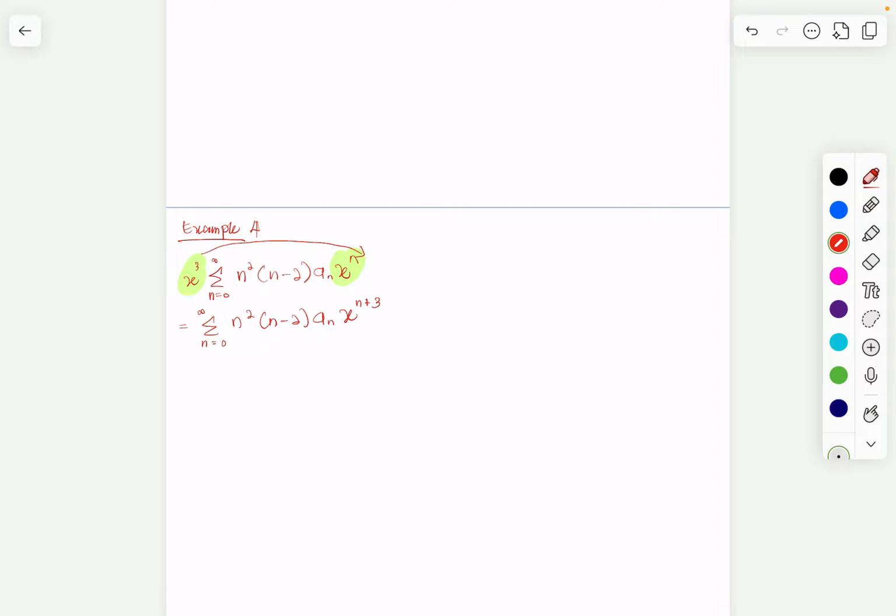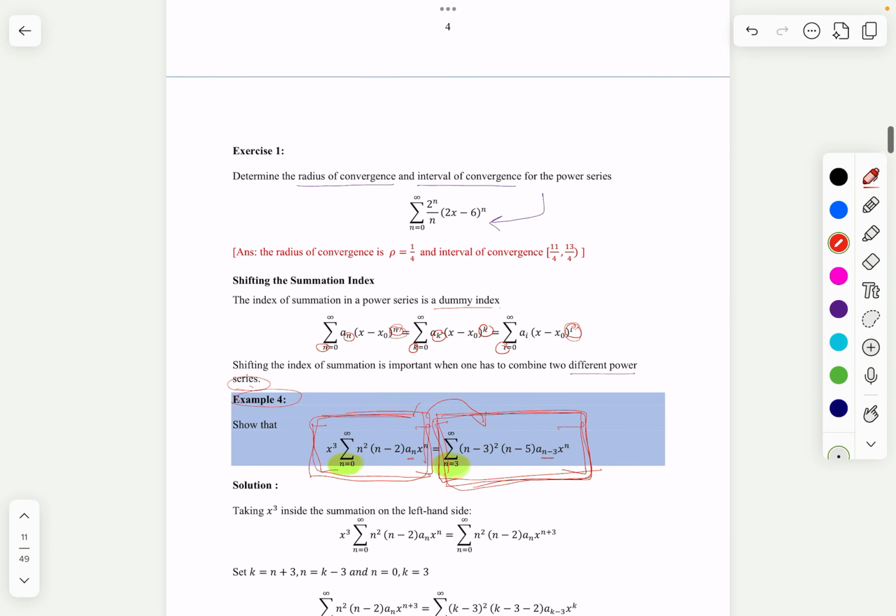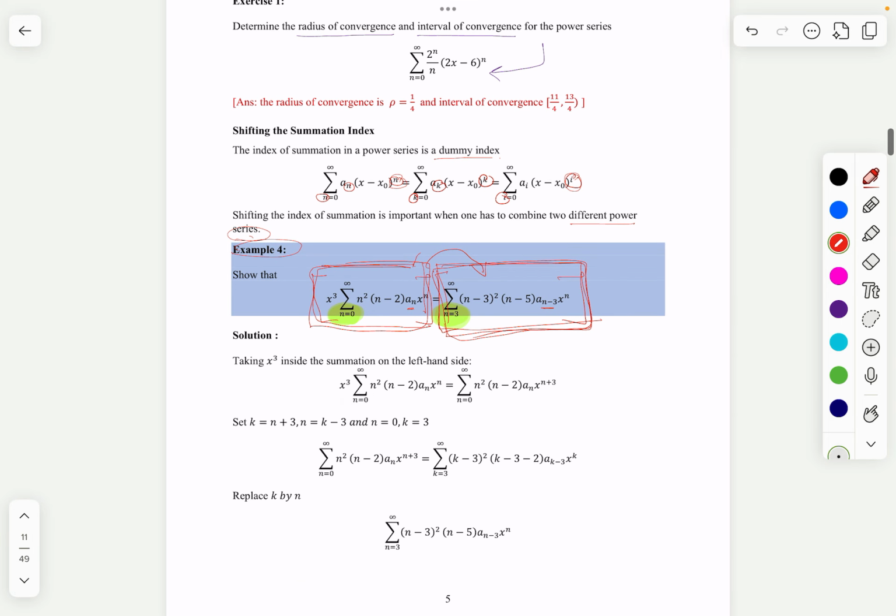Then we look back at the form that we want to convert to. Now the one that we have is x to the power of n plus 3, but we want to convert to just x to the power of n.